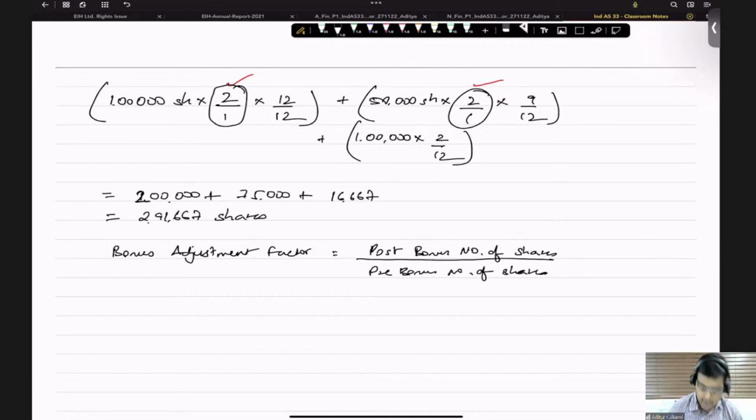So in our case, it was 2:1. That is 2. Bonus adjustment factor.